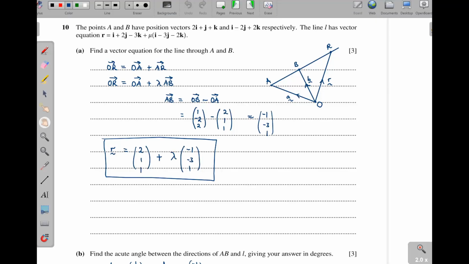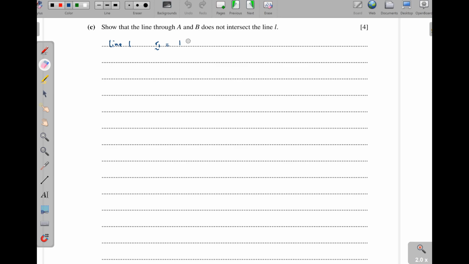The x coordinate is 1 plus mu. The y coordinate is 2 minus 3 mu. And the z coordinate is -3 minus 2 mu. So R1 is 1 plus mu, then 2 minus 3 mu, then -3 minus 2 mu.